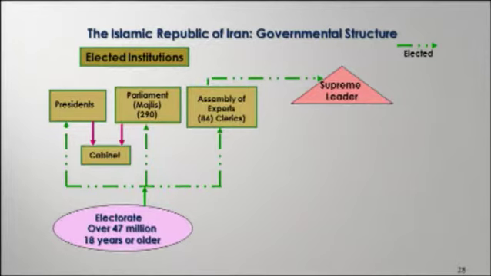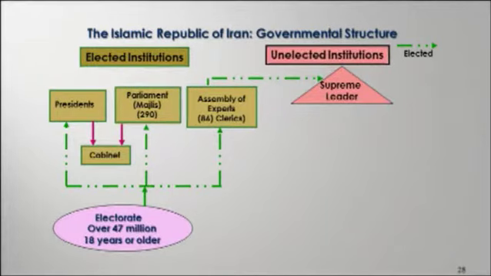And in that sense, the leader would straddle the 2 institutions. And the next arrow is to show that the influence is in terms of appointment or approval.